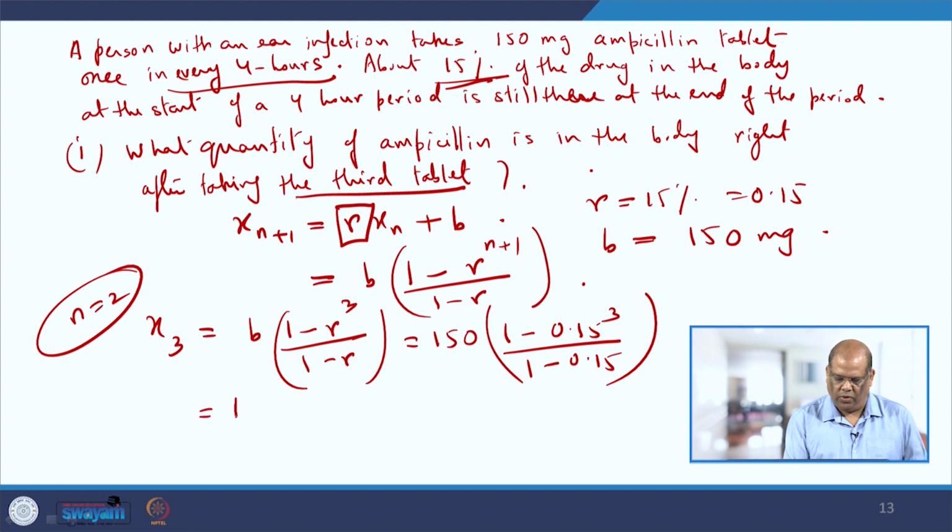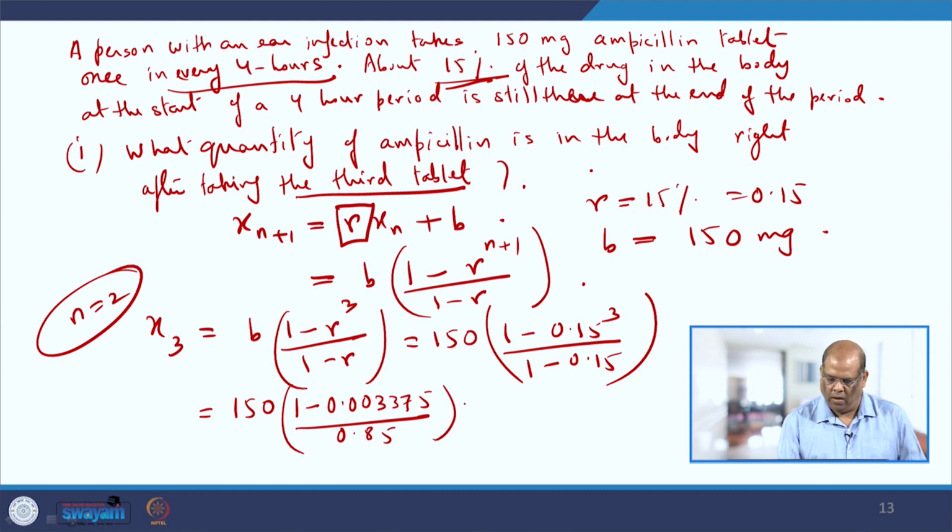So, this gives you 150 into 1 minus 0.003375 divided by 0.85, which is 150 into 0.996625 by 0.85, and which gives 175.875 milligram.